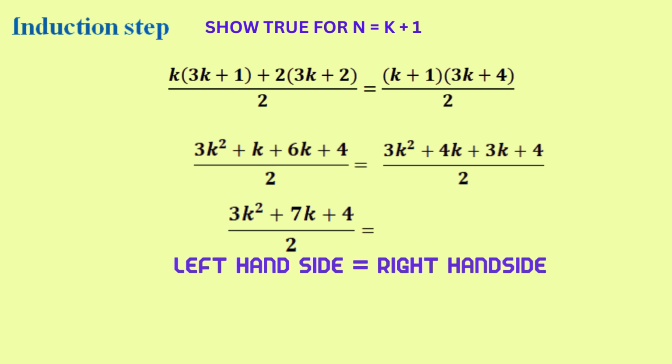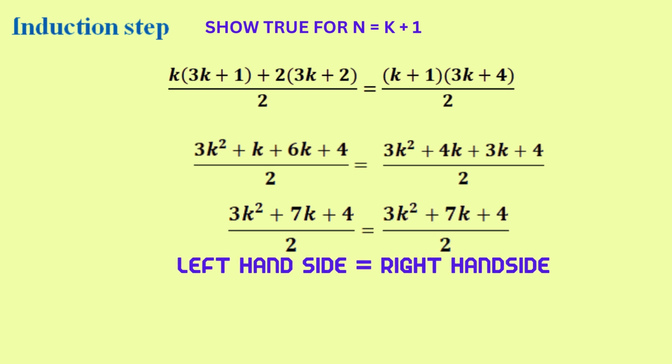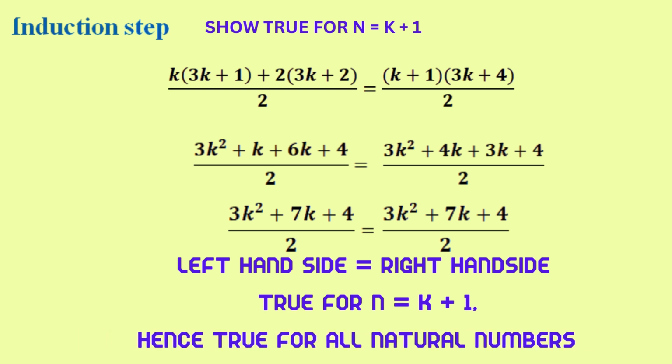When the terms are grouped, we get the same thing on both sides: 3k squared plus 7k plus 4 all over 2. If we had factorized both sides, we would have had k plus 1 times 3k plus 4 over 2 on both sides. Either way, we have shown that the formula is true for n equals k plus 1.